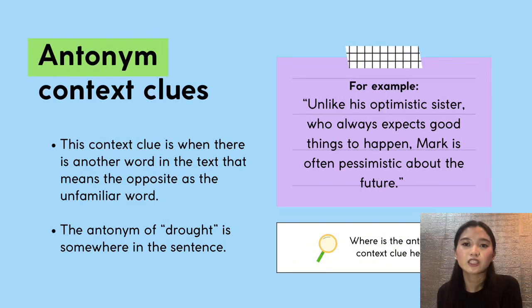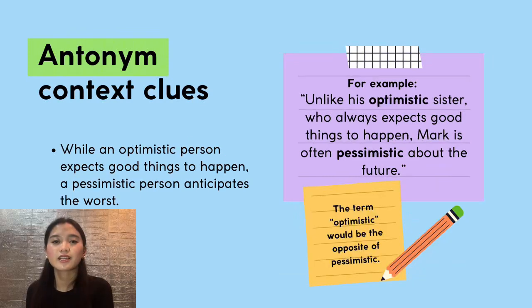The word unlike shows contrast. It tells us that pessimistic means the opposite of optimistic. So, this sentence clearly explains the contrast. Optimistic people expect good things while pessimistic people expect bad outcomes. So, by comparing opposites, the author helps us understand the unfamiliar word, and that's an antonym clue.